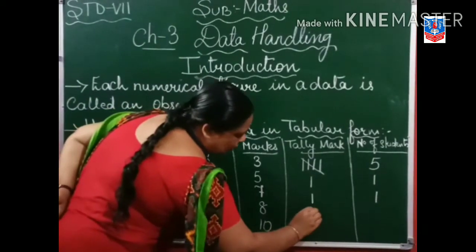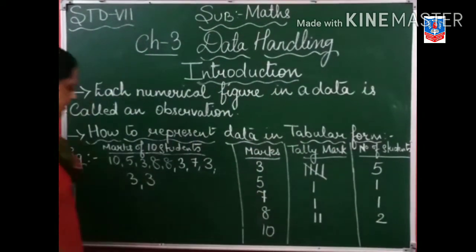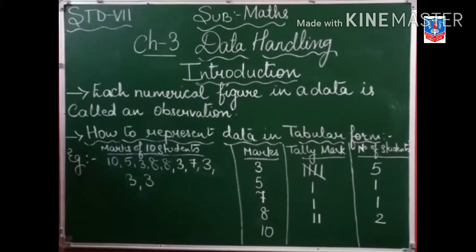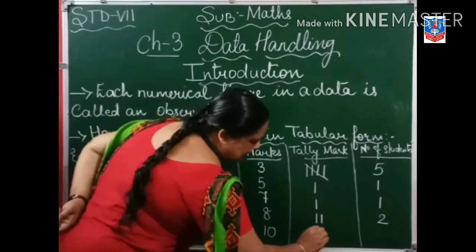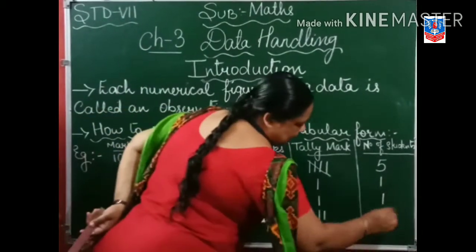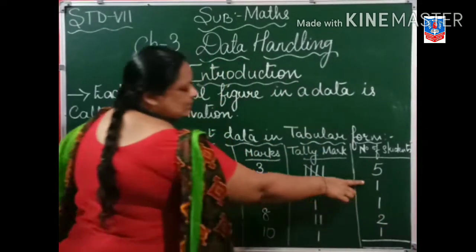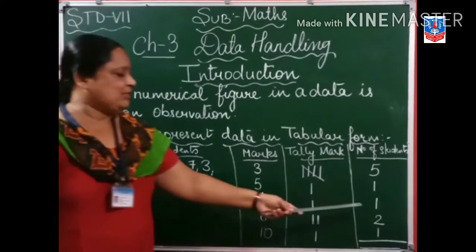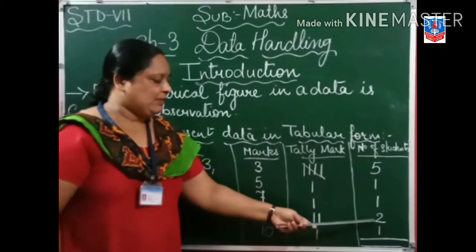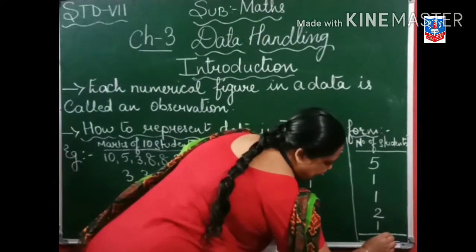So this way you will write 2. 10. Only 1 student. Now do the total. 5 plus 1, 6. 6 plus 1, 7. 7 plus 2, 9. 9 plus 1, 10.